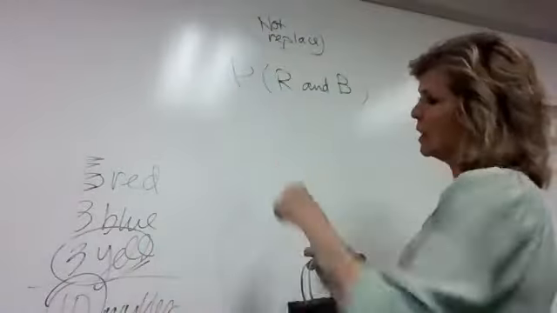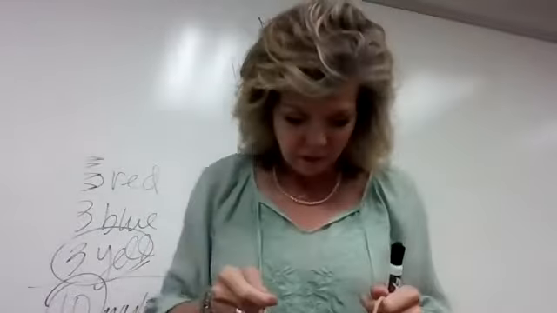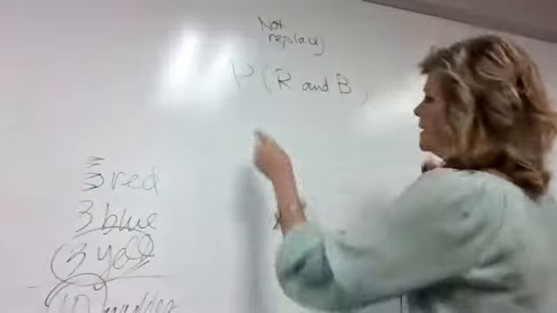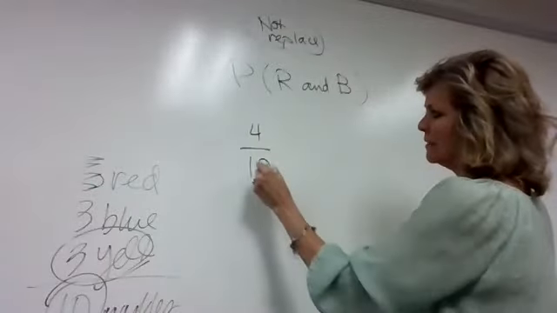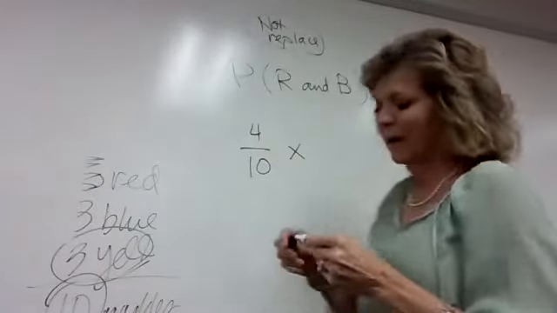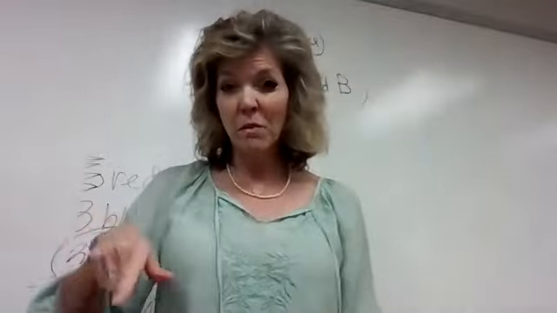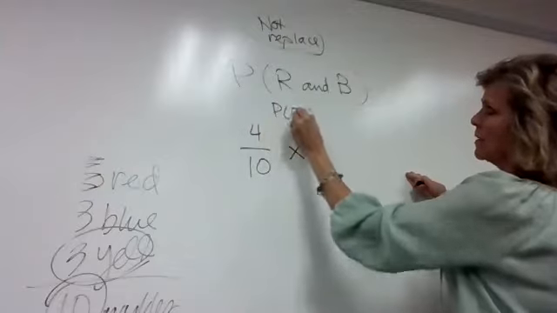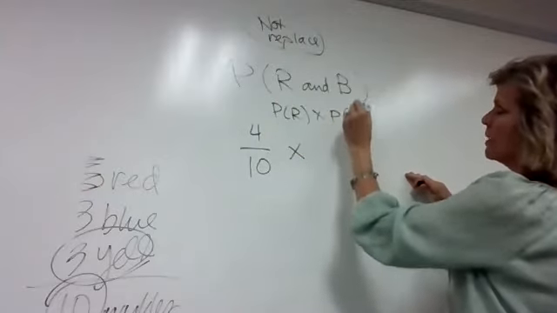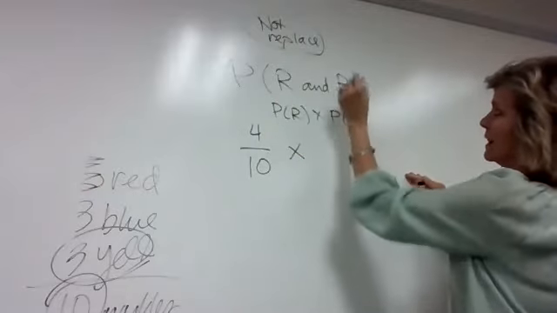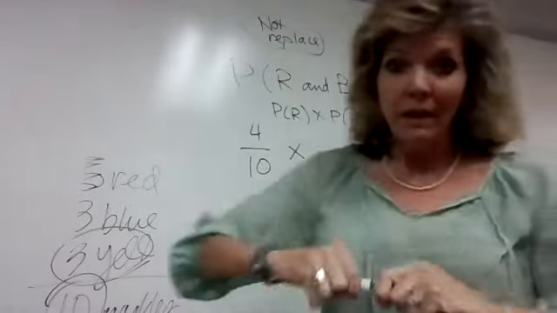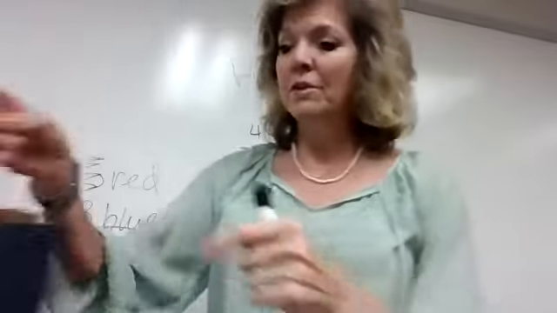If I'm looking for the probability of drawing red, when I look in there, I've got 4 marbles that are red. That's 4 out of 10. I'm going to multiply that by, and this gets us on into lesson 4B, I'm going to multiply it by the probability of B getting the blue, depending on such that, given that I already got a red on the first one.